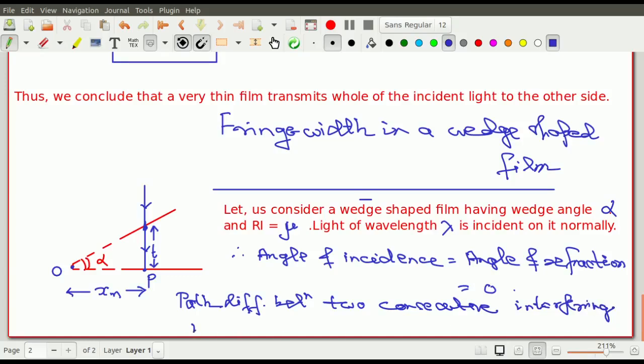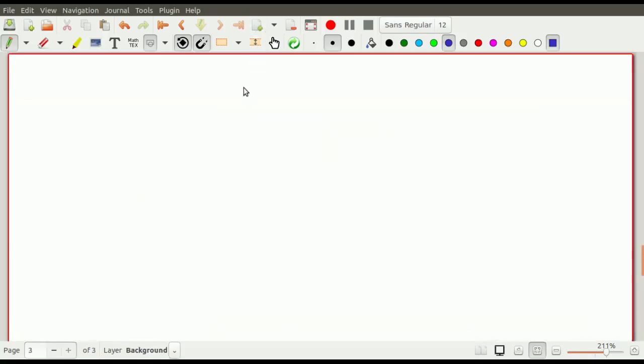Path difference between two consecutive interfering beams is how much, that will be only 2 mu t, because cosine of r is 0 degree, so that is only 2 mu t, সেটাও মনে রাখলাম, that is 2 mu t.